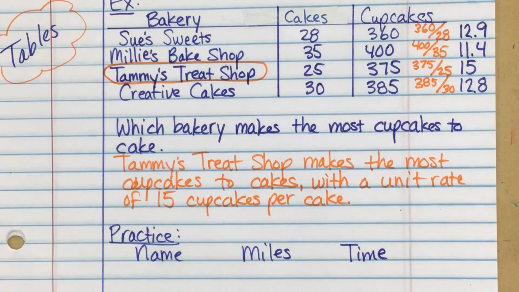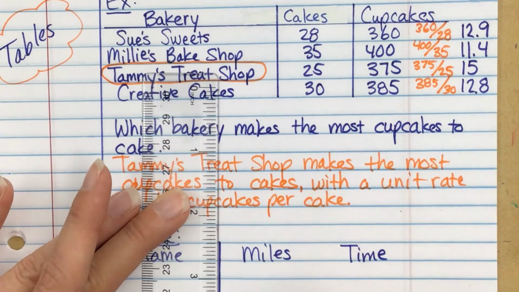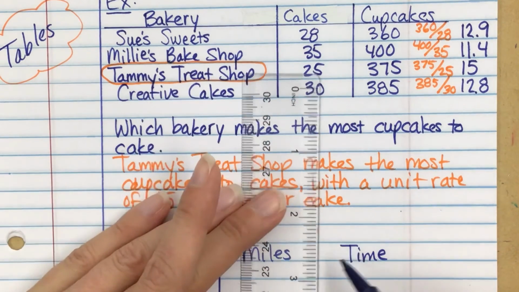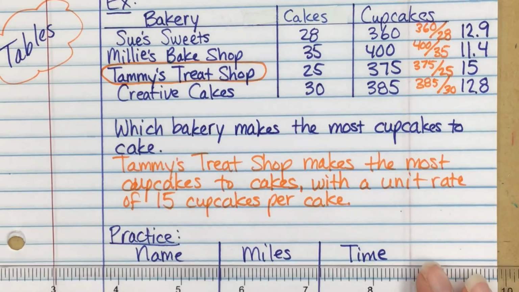We're going to find the fastest runner. So I'm going to have a list of people and the miles that they ran and the time that they ran those miles.